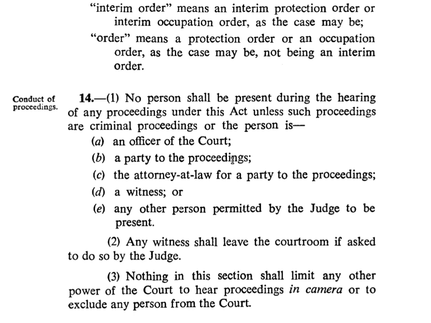Now, no person shall be present during the hearing of any proceedings under this Act unless proceedings are criminal proceedings. Okay, so members of the public can freely attend criminal proceedings, but for other proceedings, the judge will have to give them permission, or they will have to be any of these persons listed here.